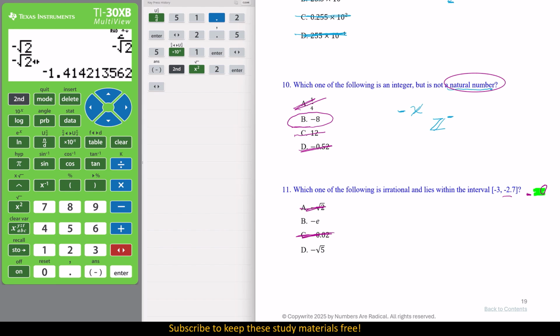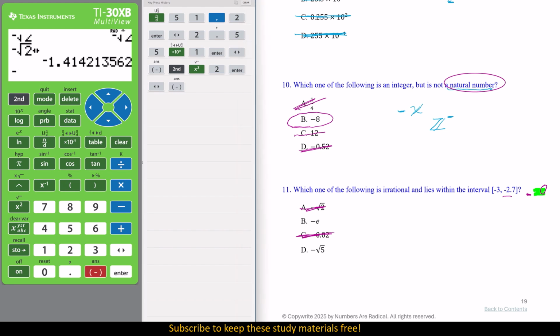Okay, let's look at B. That is your E. Now we have an E button, but it's not a super convenient E where you can just push it. So let's push negative. Now, how do we get that? Push second and the ln, which is for natural log. It sets us up. See the negative, but we have to put an exponent in.